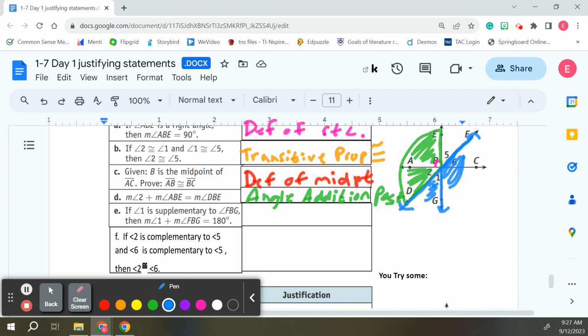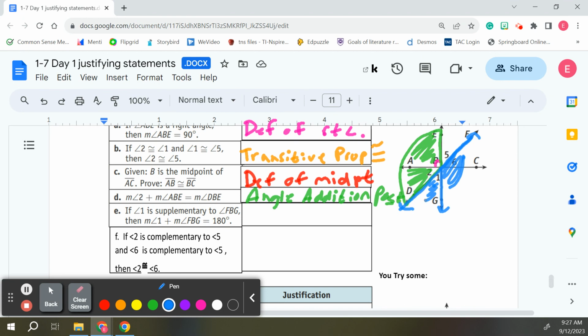No, not the congruent supplements theorem. That would be if they overlapped. These don't overlap. It's not the linear pair theorem either, because they're already saying it's not equal to 180 degrees when we add it up. They're telling us it's supplementary.